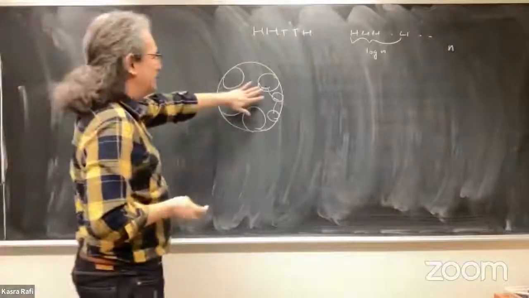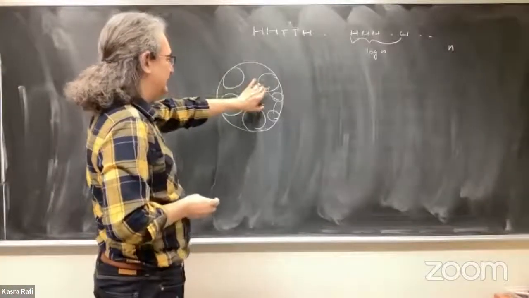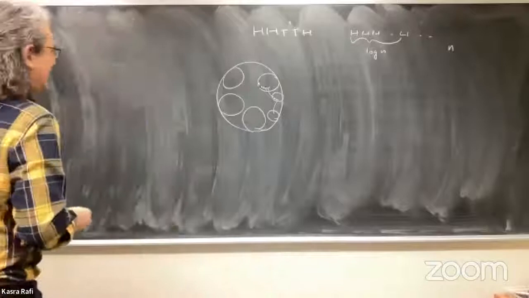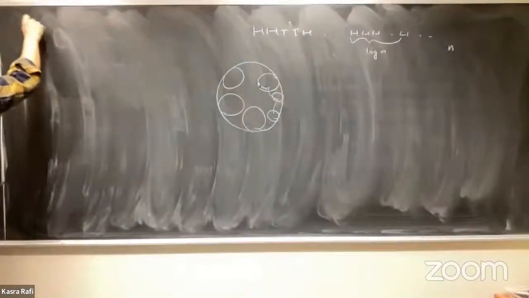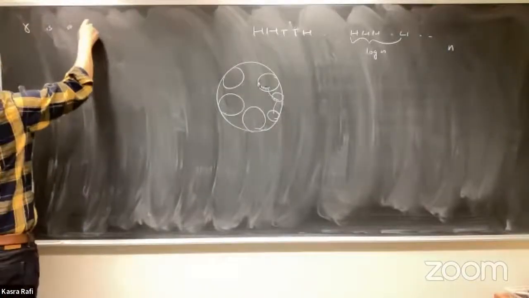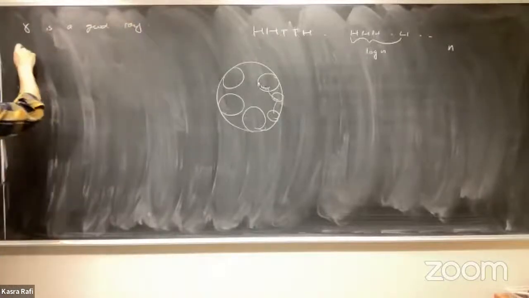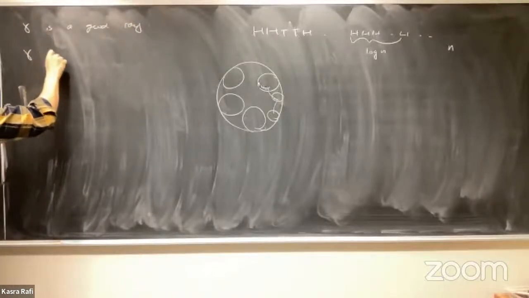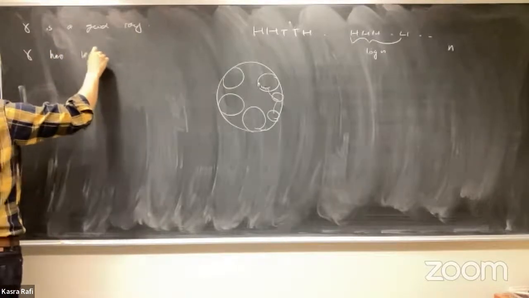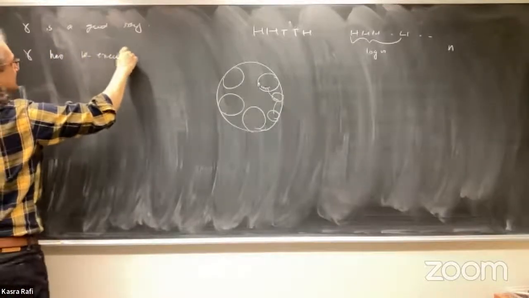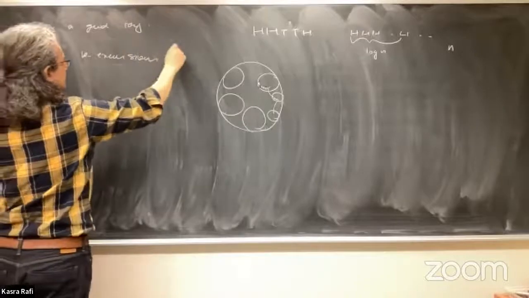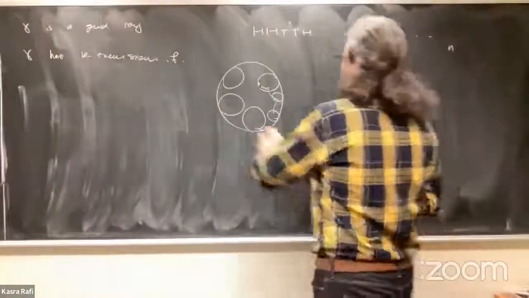Right, but anyway, I want to give this property a name. Let's say gamma is a geodesic ray. I would say gamma has kappa excursion if this exact thing happens.